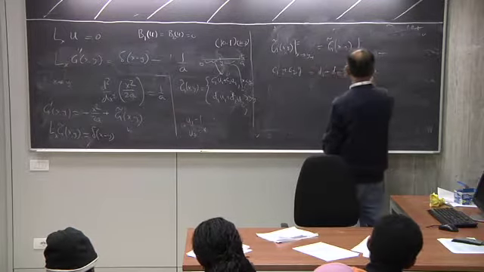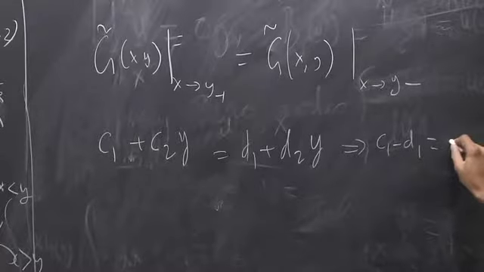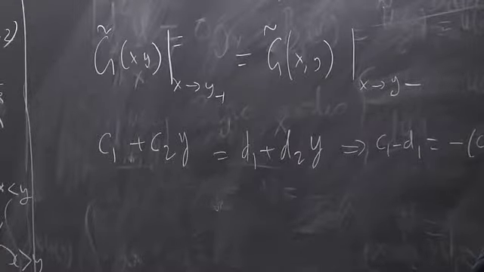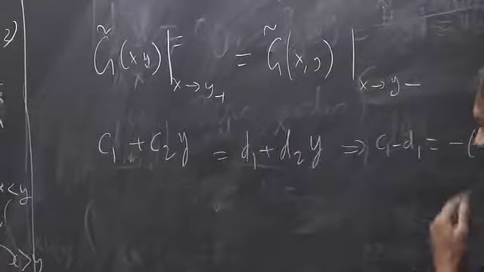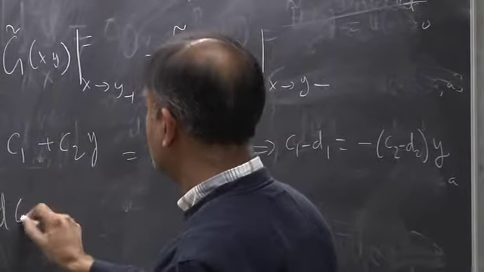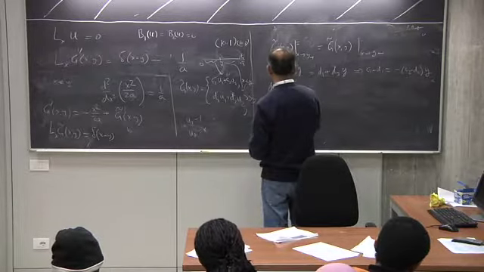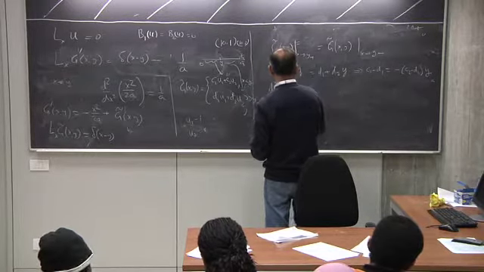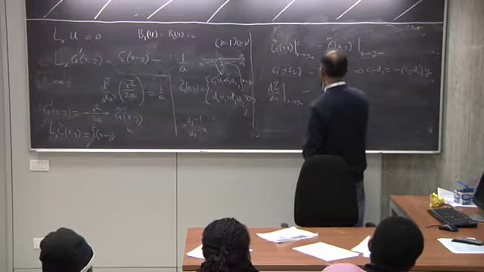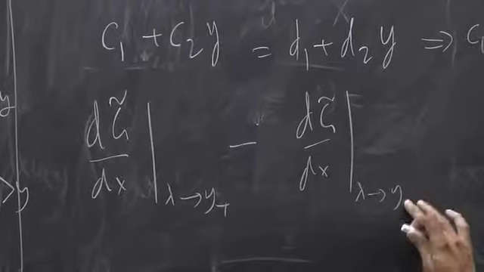This implies that C1 minus d1 is equal to minus C2 minus d2 times y. Then the derivative equation would be dg tilde over dx as x goes to y plus, minus dg tilde over dx as x goes to y minus.